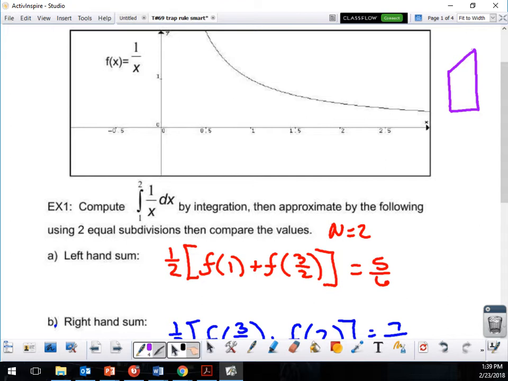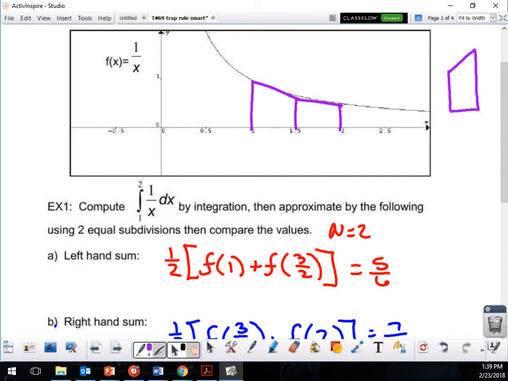If I'm going to draw this, I know I'm going to have from 1, same number of intervals. But this time it's connecting the endpoints. Do you think this is going to be closer to the exact answer?